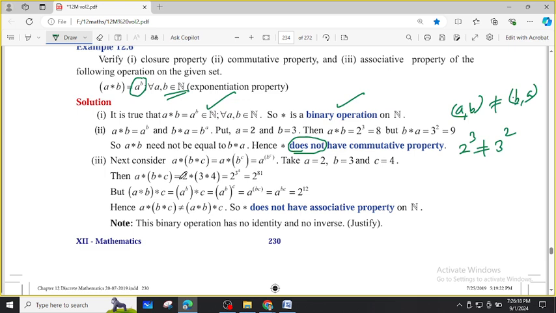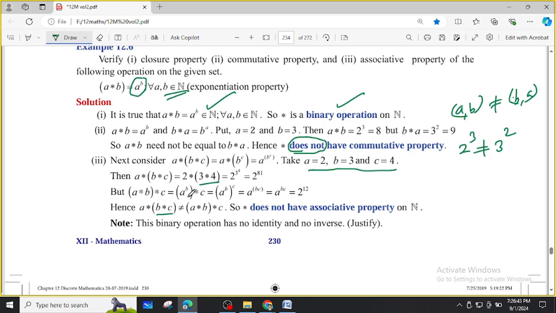Associative: we have to check whether it is associative or not. Take a counter example, it is easy for you to understand. Take 2, 3, 4. First you get 3 star 4, that is 3 to the power 4, which is 81, so 2 power 81.